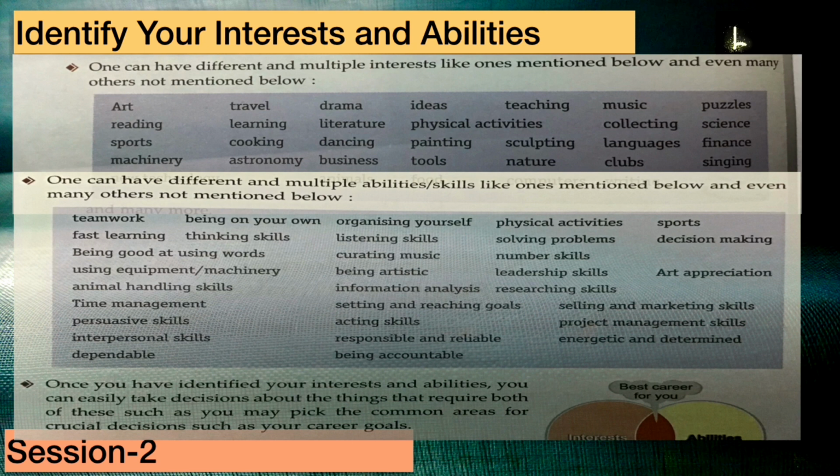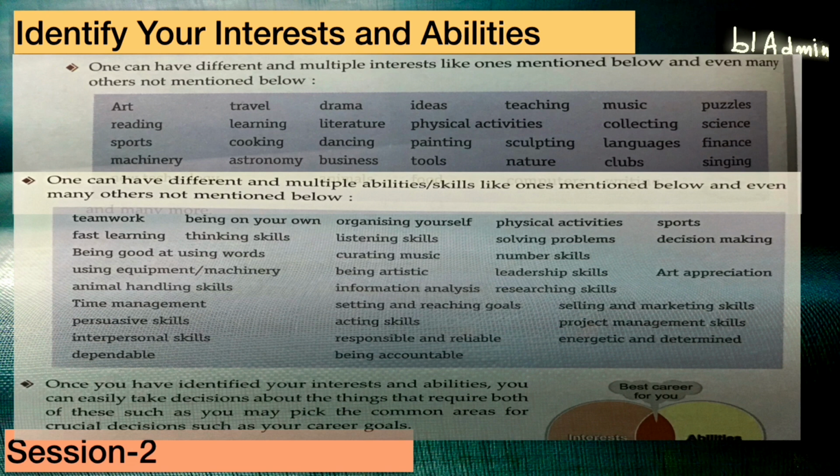These are special abilities, the skill sets one can have inside of them. If they get opportunities to perform in accordance with their abilities, they can give their best efforts and can achieve the goal and perform the task very easily. So it's better to understand our interest areas and abilities before choosing our profession.